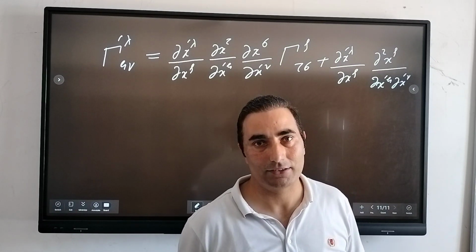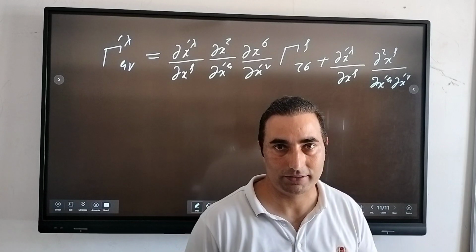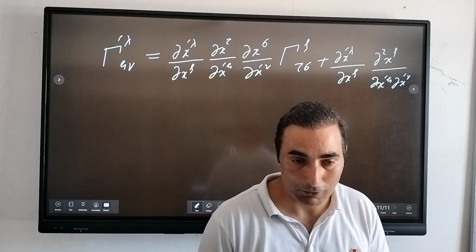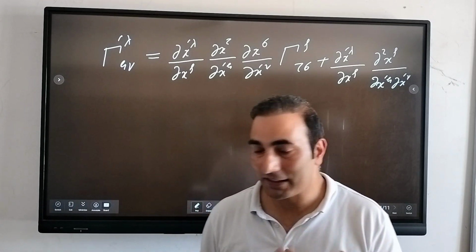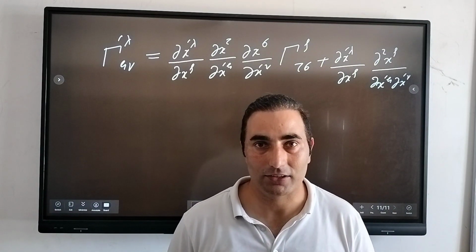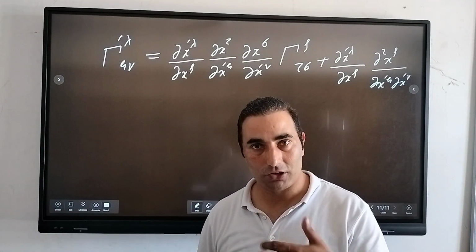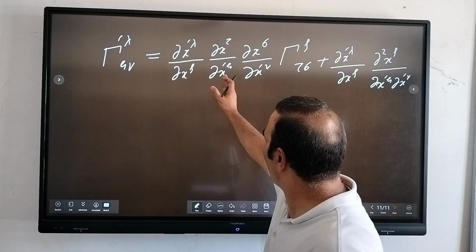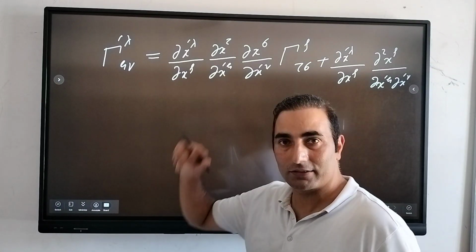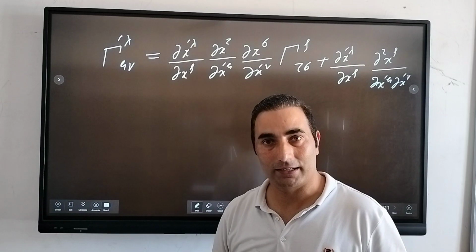It's not a tensor, right? It is simply the connection between the two coordinate systems. Because our project was whether this affine connection is a tensor or not, the second term prevents it from transforming like a tensor. Otherwise, if you have only the first term here, it transforms like a tensor.